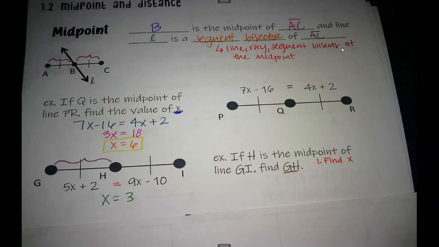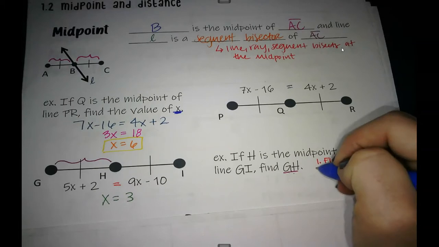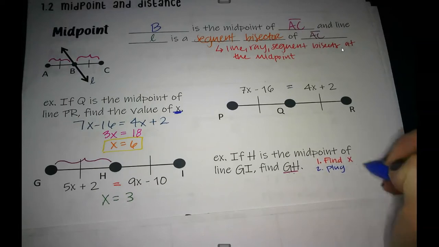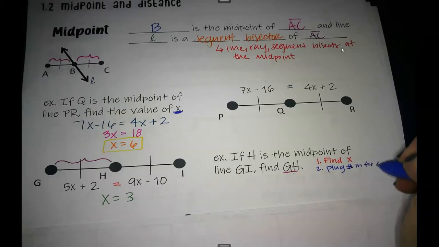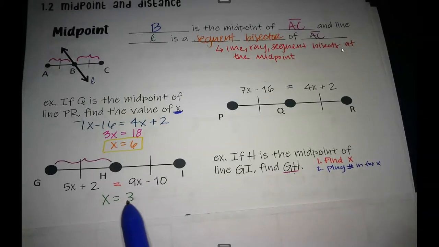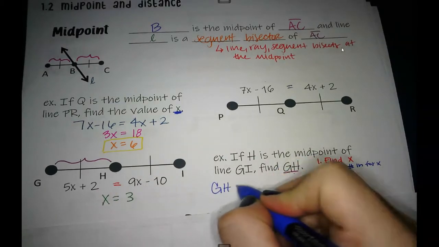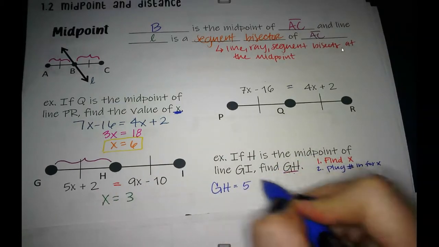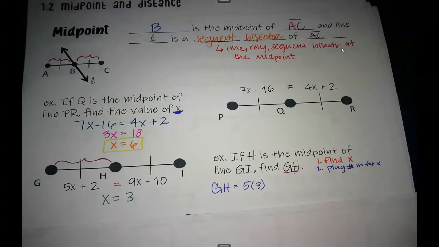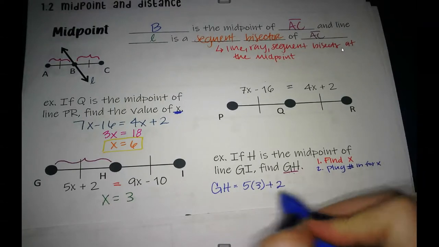So after I found x, my next step is to plug the number in for x. So I'm going to plug in that 3 where I see x for my GH. My GH equation is 5x plus 2, now we know x is 3, so 5 times 3 plus 2.